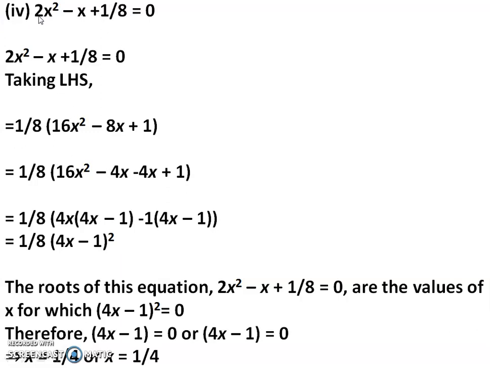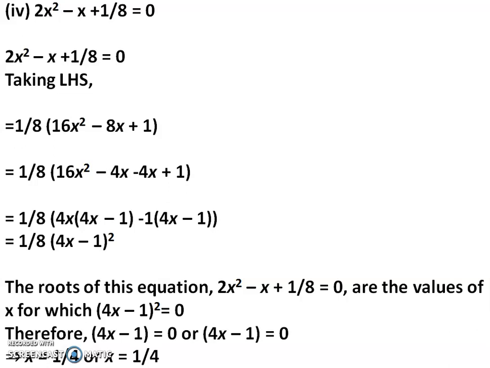So 8 into 2 is 16x square, 8 into 1 is 8, and plus 1. And we took 1 by 8 as common term. So what is there? 16x square minus 8x plus 1. How did you get this? You multiplied the whole equation with the denominator.